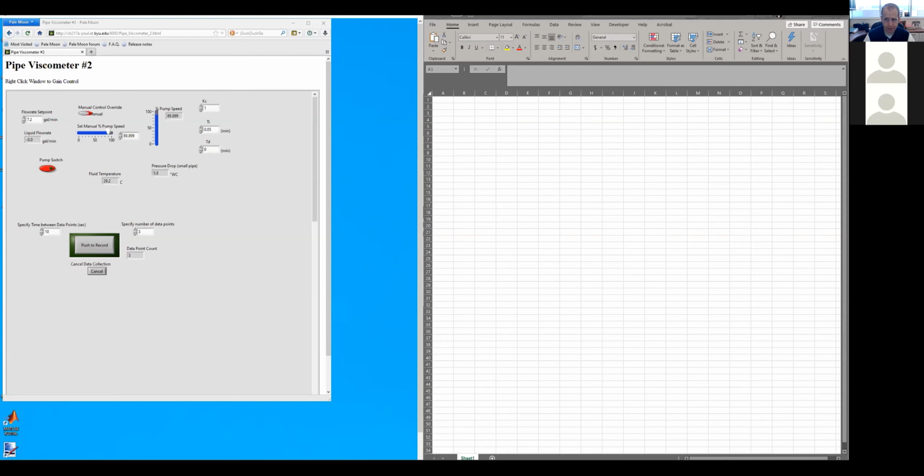Is it 2,500? 2,300. So 2,300, and that tells you the difference between turbulent and laminar. So that one's going to be very useful, especially on some other labs.